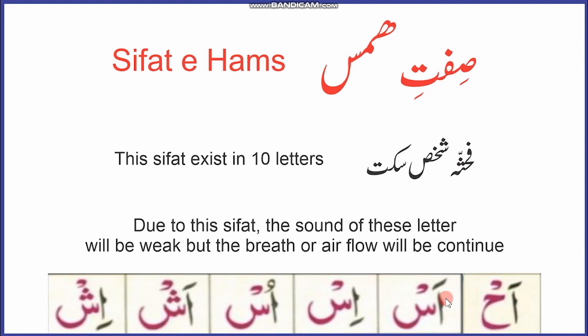Hamza sin zabar as. Hamza ta zabar at, ak. So due to the sifat hams, the sound of these letters will be weak, but the airflow or breath will continue. So this is sifat hams.